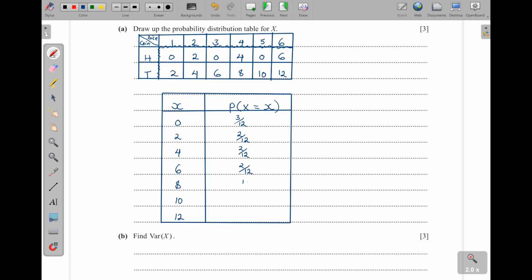Then 8, it is just 1. 10, it is just 1. And then 12, it is just 1. When you add these probabilities, we must get 1. 3 plus 2, 5 plus 2, 7 plus 2, 9, 10, 11, 12 out of 12, which is 1. So meaning our answers are correct.